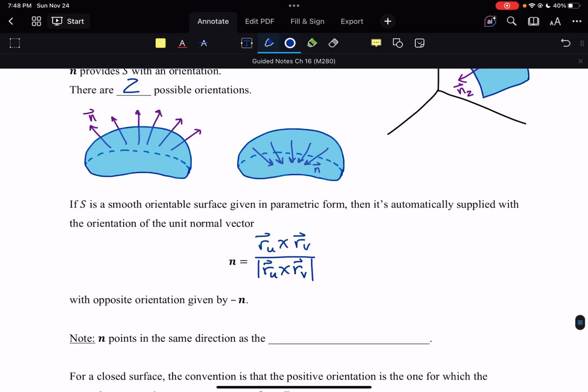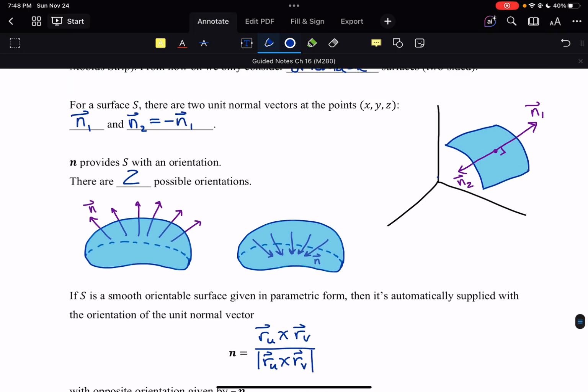Notice that n is going to point the same direction as the position vector. Okay, so the position vector pointing away from the origin, so if we started a vector here and pointed that way, this vector should be pointed the same way as that. Outward, away from the surface, away from the origin.